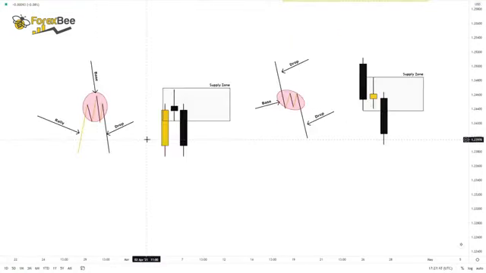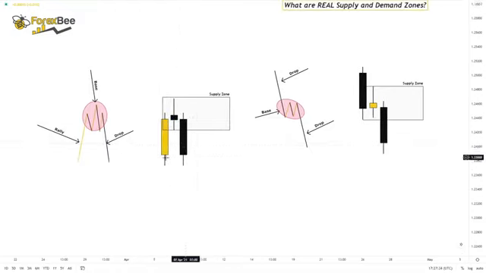Let me try to explain how zones are created. In any zone that you see here or here, there will always be two big candles and one or more base candles in the middle. Here these are two big candles, and right there is one base candle.